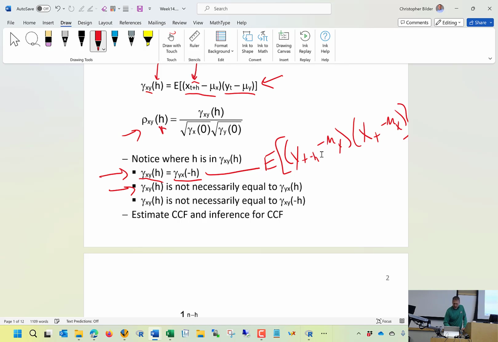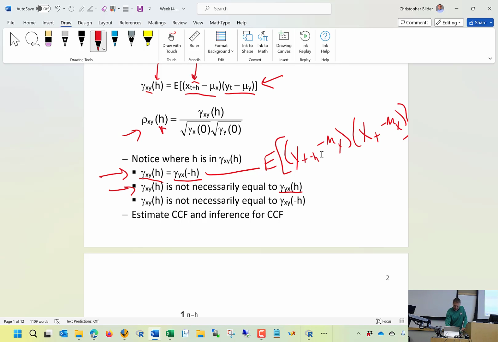Then, if we also look at this, where we have the cross-covariance function for x and y at lag h, that is not usually going to be equivalent to the cross-covariance function of y and x at lag h. And again, from looking at the expected value, you'll be able to see that.